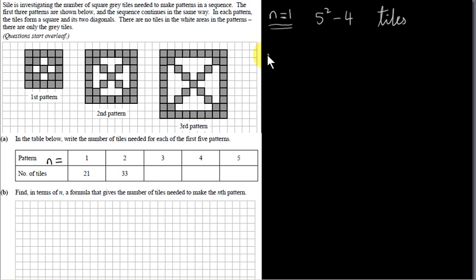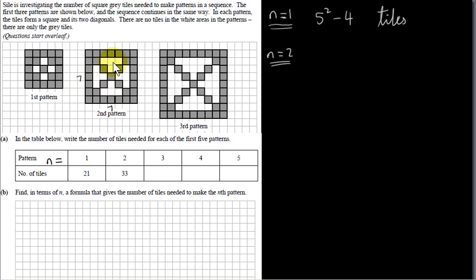Now let's look at n equals 2. Well, if there were no tiles removed here, then how many tiles would we have? Well, we just count the number of tiles along the side. We have 1, 2, 3, 4, 5, 6, 7 tiles along one side of it, and because it's square, there's 7 along the other side.